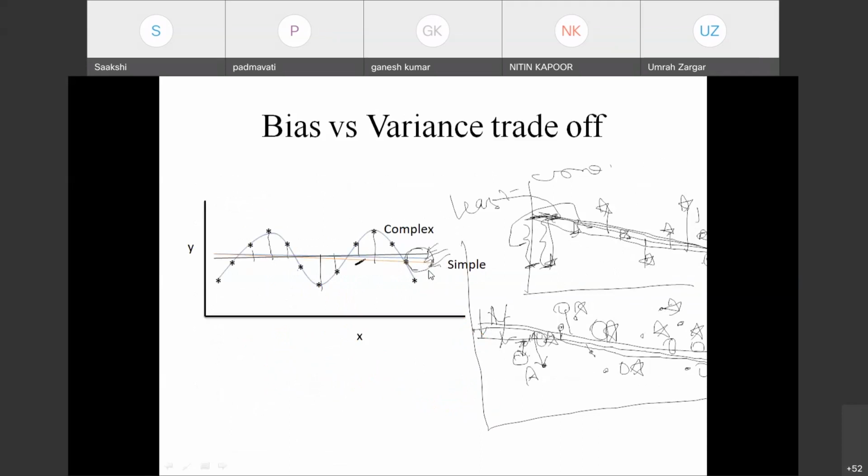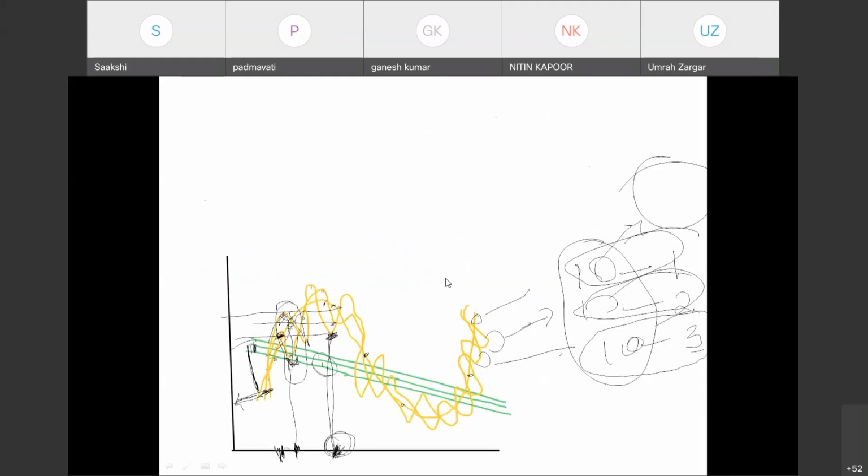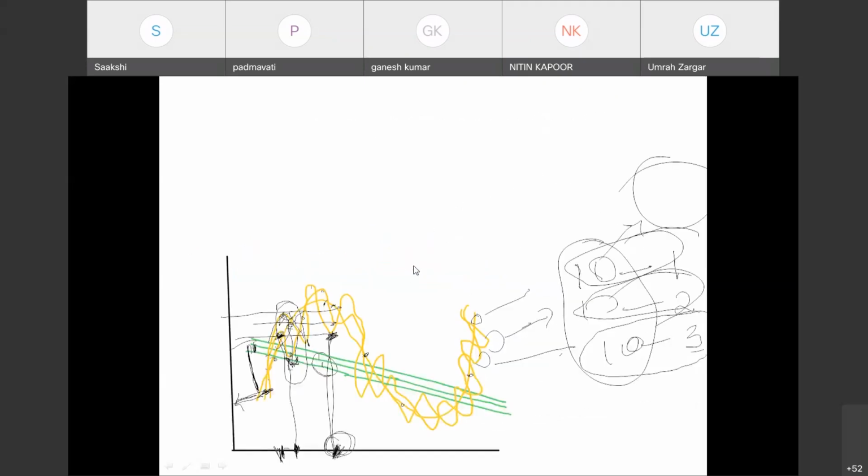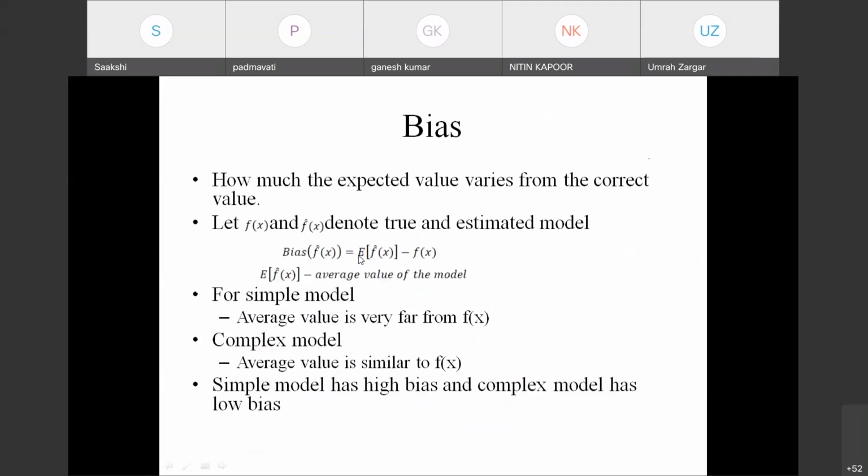The first is the result after training on 10 points, the second after training on the next 10 points, and the third after training on another 10 points. I will take the average of all these three. Expectation is the average value of the model. Average value of the predicted one minus f of x.